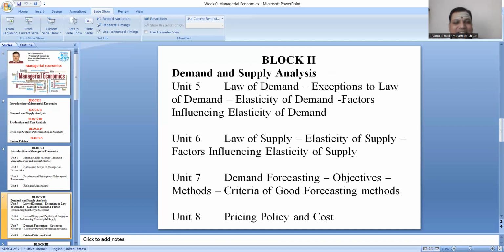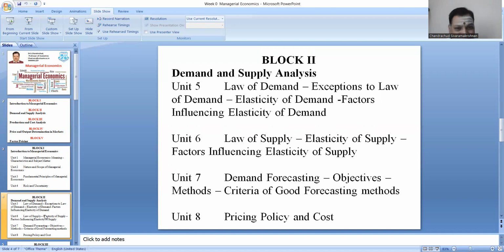Under demand analysis, the law of demand, the exceptions to the law of demand, and the elasticities of demand, like price elasticity, income elasticity, cross elasticity, and advertisement elasticity. And finally, we complete with the factors which influence the elasticity of demand.